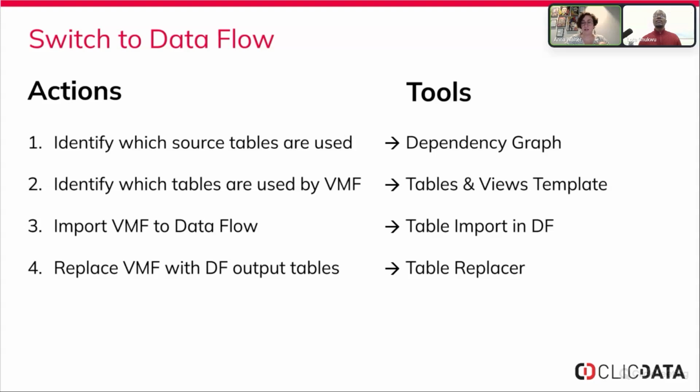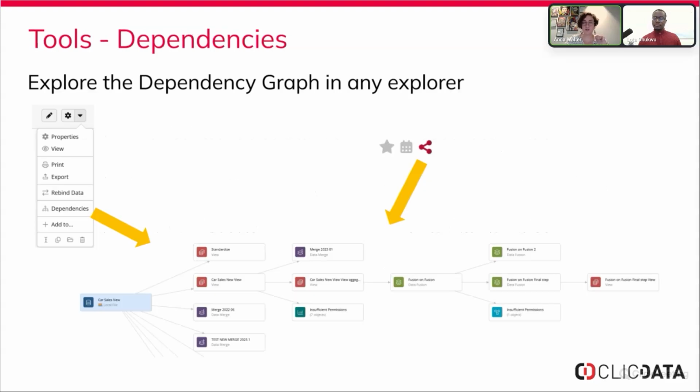So let's have a look at where to find all of these tools. You may know that already, but just for those who don't, first of all, you have the dependency graph, which is this diagram view of the dependencies between each object in the platform. That can be accessed on any explorer, like in the tables explorer, in the dashboard explorer, in Dataflow as well.